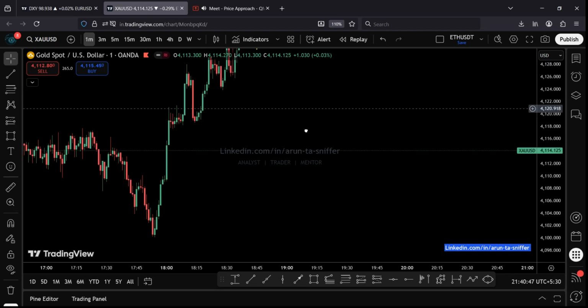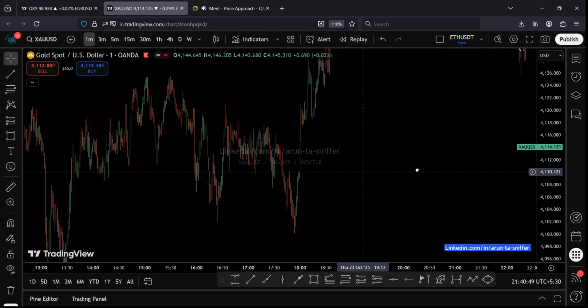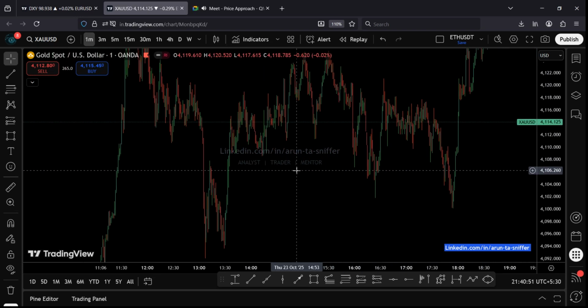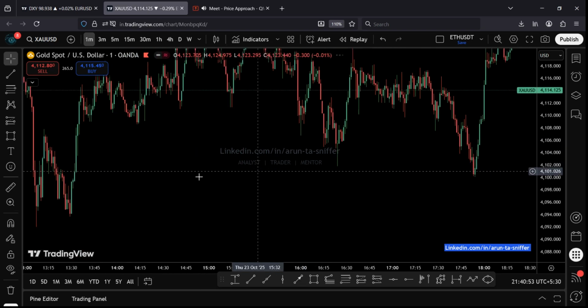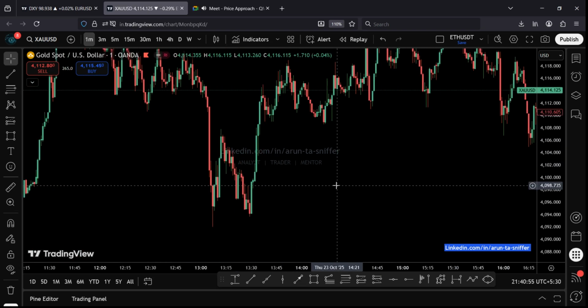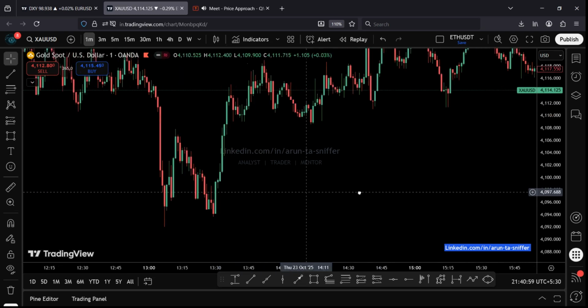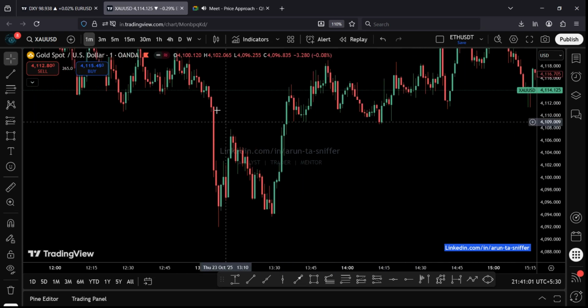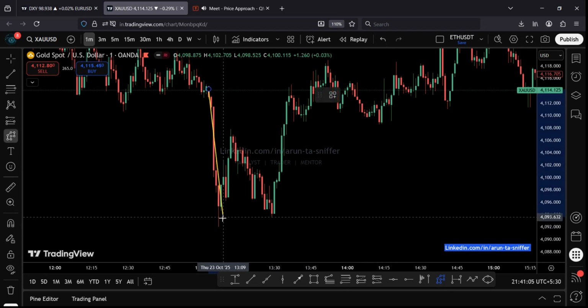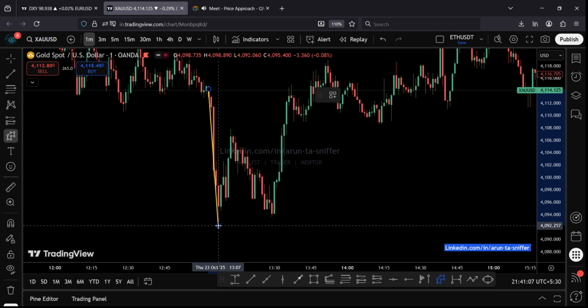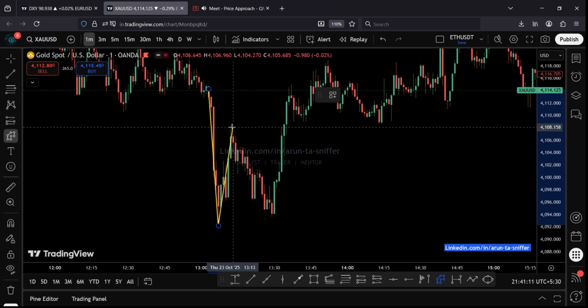And do we have any more example here? This is also some kind of example. If you look at this, price fell sharply from here, and then also somewhat goes up like this.